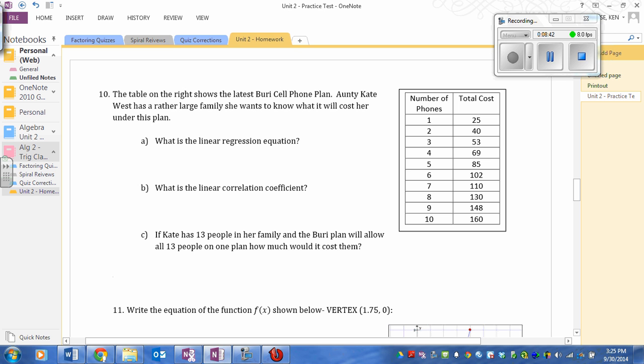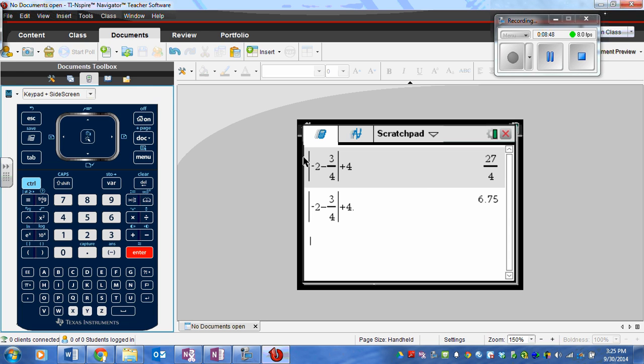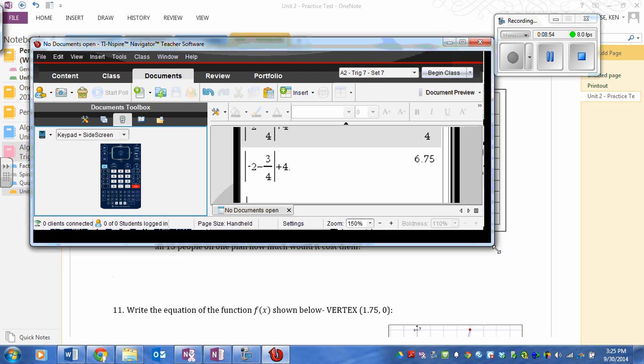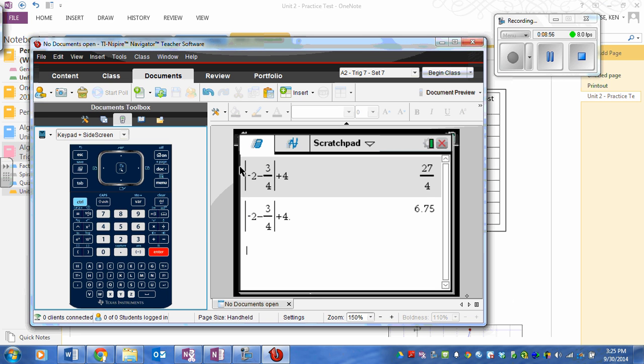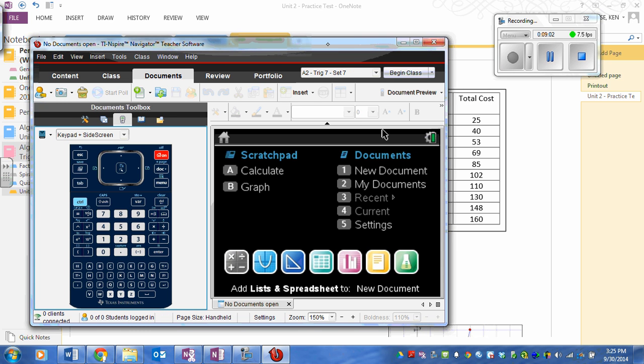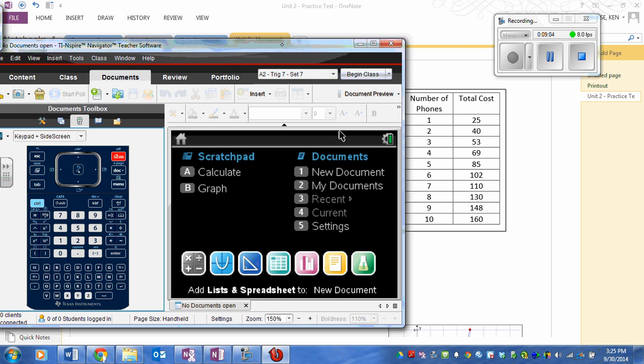Alright, so we're going to have to put these in the calculator, which is going to be kind of a pain to do. Bring this calculator up. Alright, so let's see what I can get at home. Okay, so I'll hit on, go into spreadsheet.